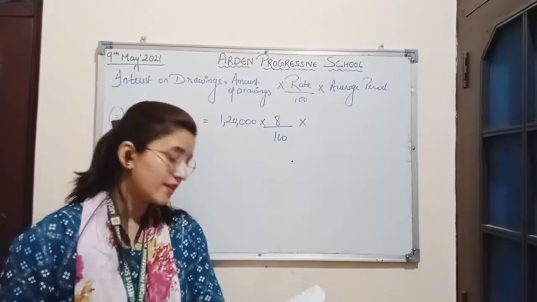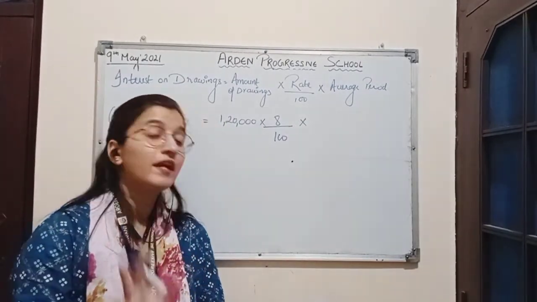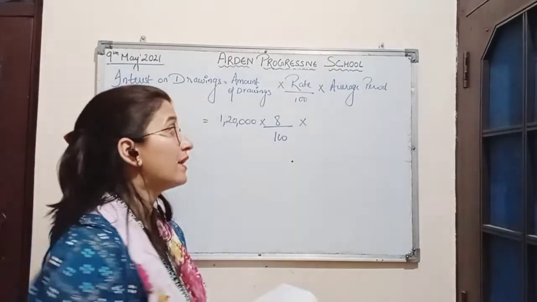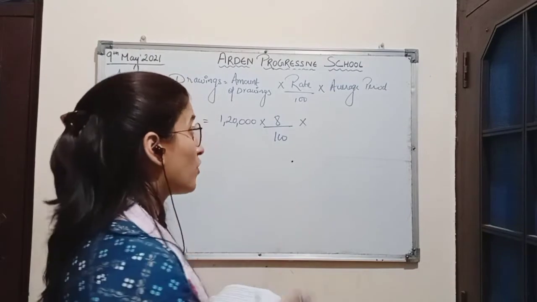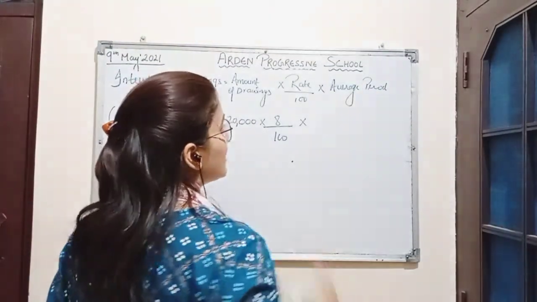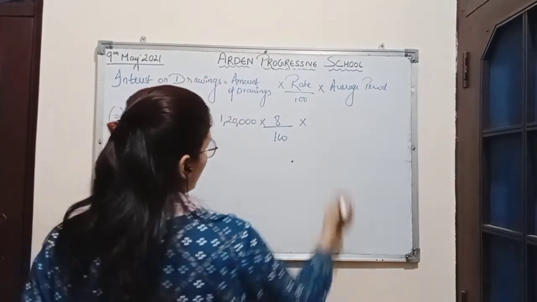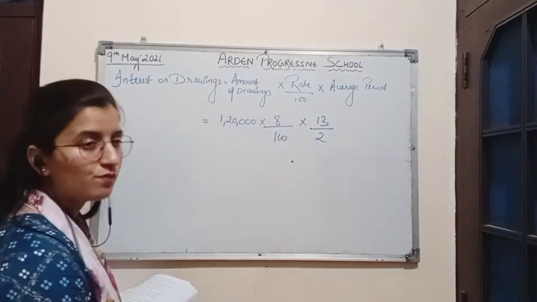As this is the case where equal amount of drawing is being withdrawn in the beginning of every month, we know that average period is calculated for 13 divided by 2 months.